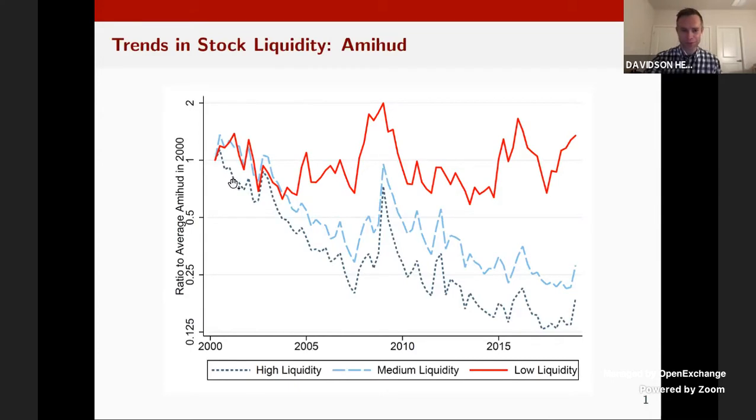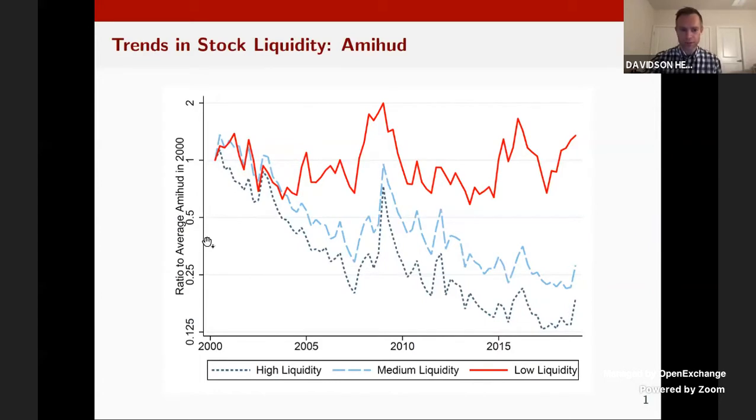But to get everyone on the same page, this is when you take the Amihud measure of price impact, calculated stock by quarter, and you sort all extant US common stocks into three terciles, low, medium, and high, and look at the mean. It looks the same for the median, and there are other ways you can compute the measure.